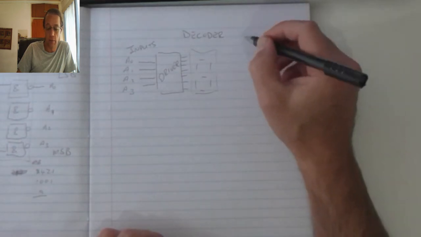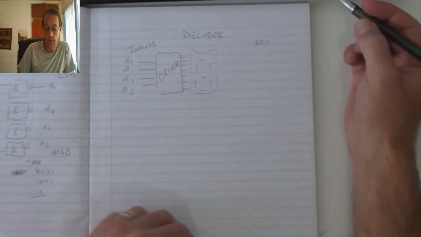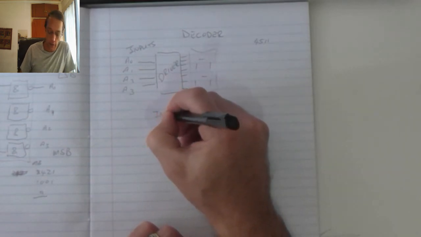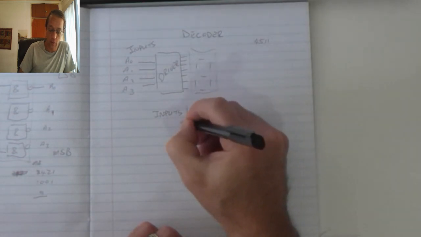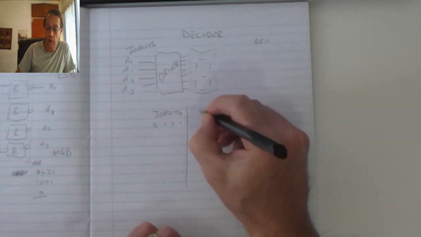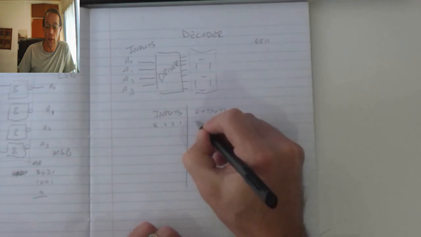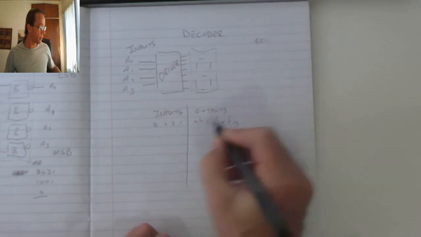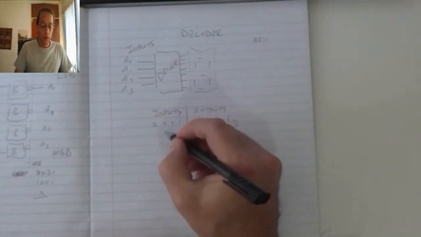Now, a popular IC used for the decoder is the 4511 IC, and basically what it does is it says, if these are my inputs, 1, 2, 4, 8 code, and these are my outputs, that each represents one of the outputs that is presented on a 7-segment display.